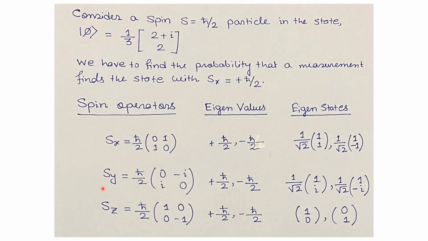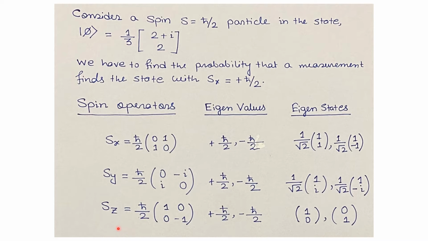Similarly, the Sy operator is represented as ħ/2 times the matrix (0 -i; i 0). The corresponding eigenvalues are plus ħ/2 and minus ħ/2, and for the eigenvalue plus ħ/2 we have the eigenstate 1/root 2 (1, i), and the eigenstate corresponding to the eigenvalue minus ħ/2 is 1/root 2 (1, -i).